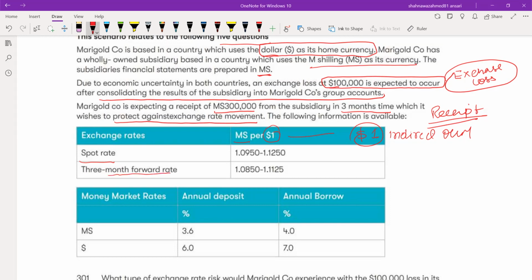Now you can see here, as there is a case of receipt, we will receive MS 300,000. So we will sell MS to a bank, and the bank will buy, and banks sell low and buy high. So we have to choose the high rate as the bid rate. This is the bid rate, and this is the bank's offer rate from the bank's perspective.